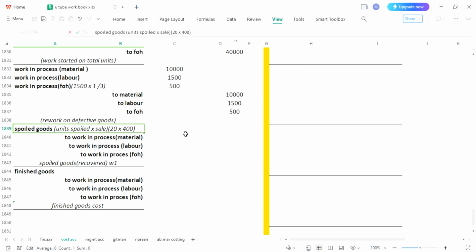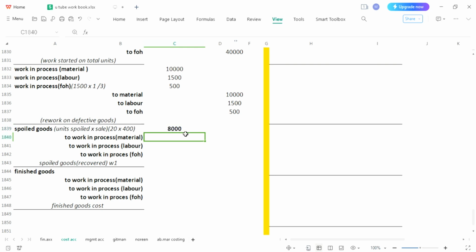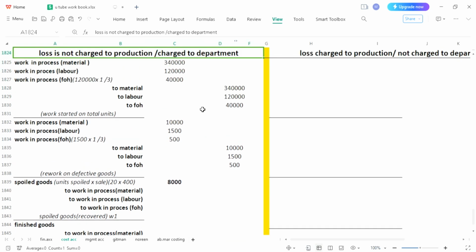Statement is completed. Let's put it on calculator. 20 multiply by 400, 8000. And again a test of your memory, how do we calculate our amounts present over here? For that we do calculations. 8000 would be multiplied by individual total 340 and grand total, which is sum of these three amounts.